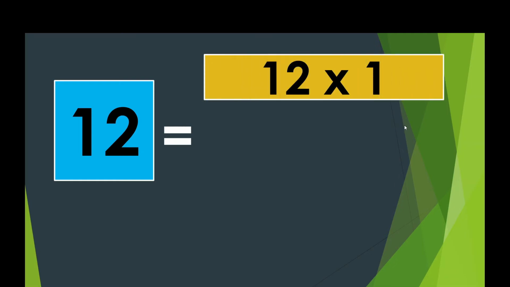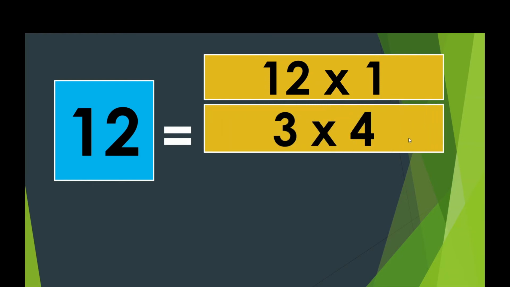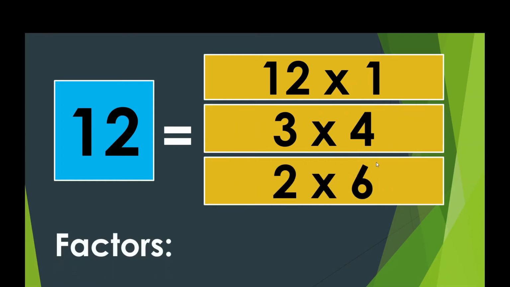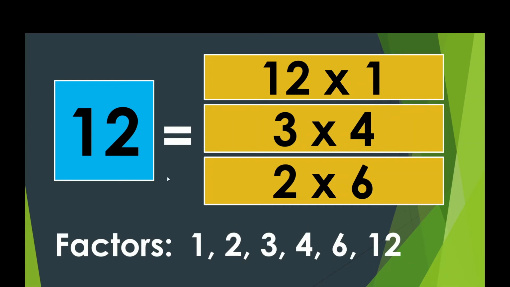We have 12 times 1, because 12 times 1 equals 12, 3 times 4, and 2 times 6. So the factors of 12 are 1, 2, 3, 4, 6, and 12.